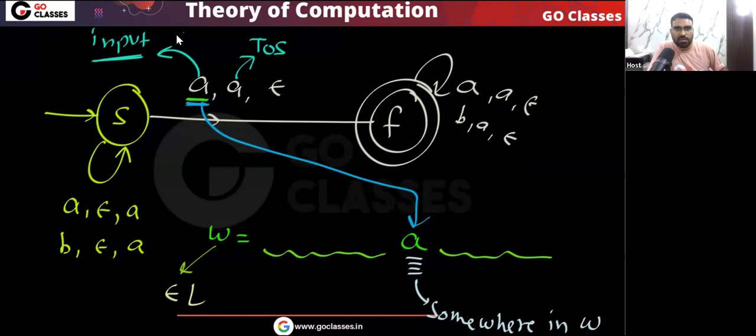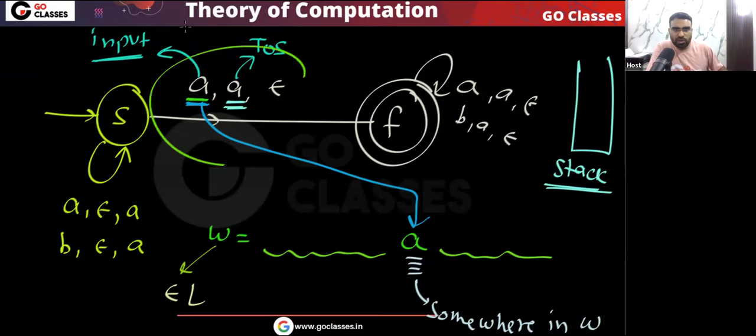Yes, of course, because the top of the stack must be A. Initially, the top of the stack is empty, that you already know. So if I want to take this transition, then the top of the stack must be A.